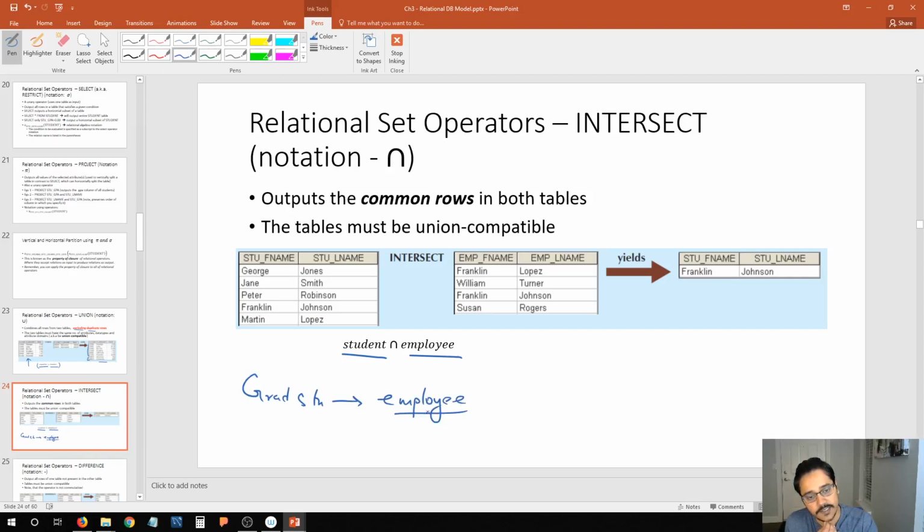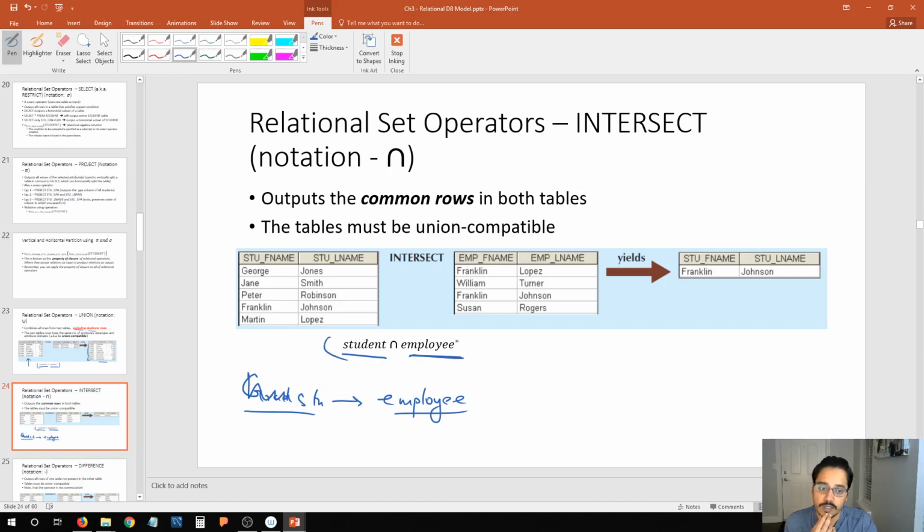If they are, let's say, a TA, or if an undergrad student is working, let's say, in the library and other places under the university, right? So that means their information will appear both in the student table as well as in the employee table.